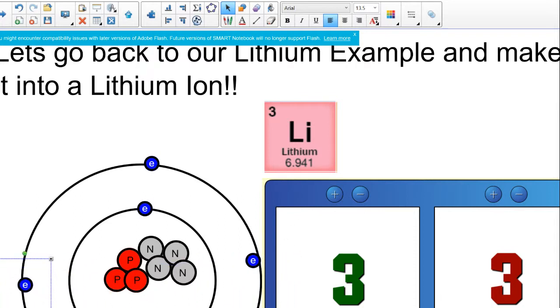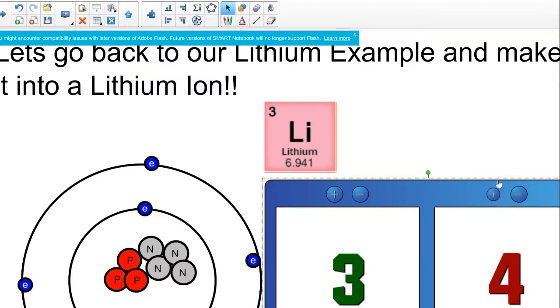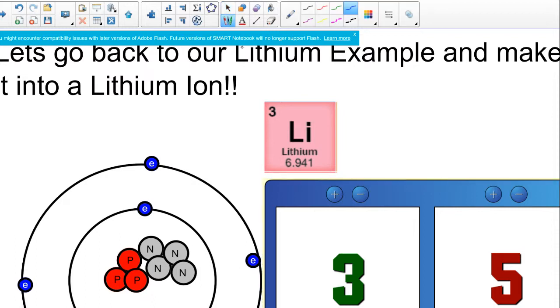So I've got now 5 electrons. So my negative charge is 5 and my positive charge is 3. So therefore I have a surplus of -2 charges. So therefore I've got lithium -2, and we would just write it as lithium -2. So that's how we indicate our ion.